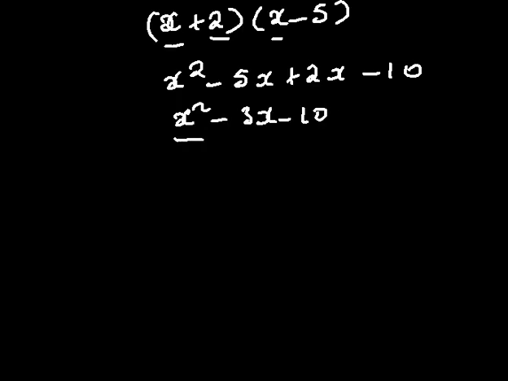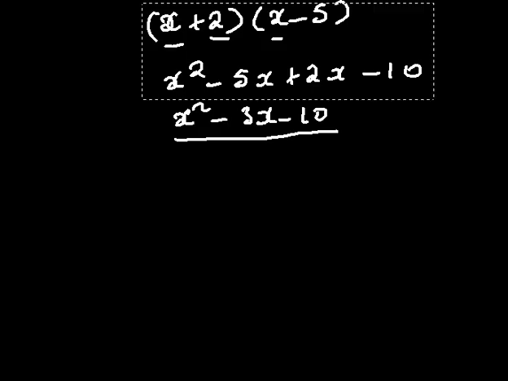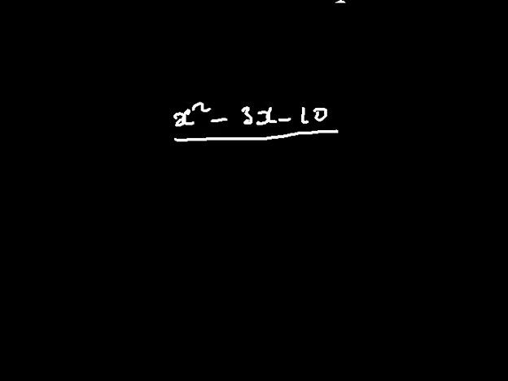So what we have obtained is said to be the quadratic expression. So if we say a quadratic expression, the product of two binomial expressions gives you what you get as the quadratic expression.